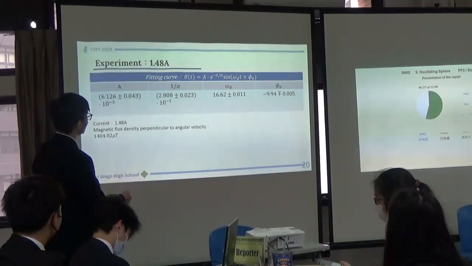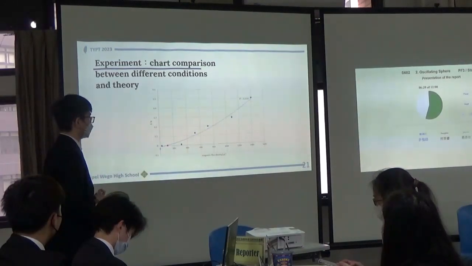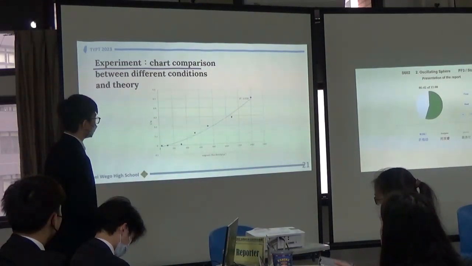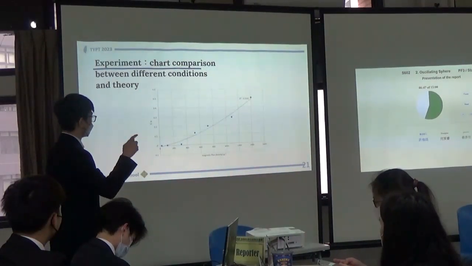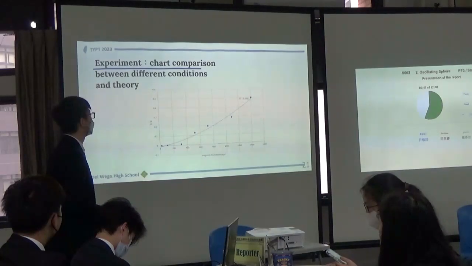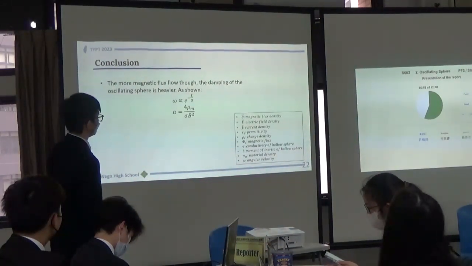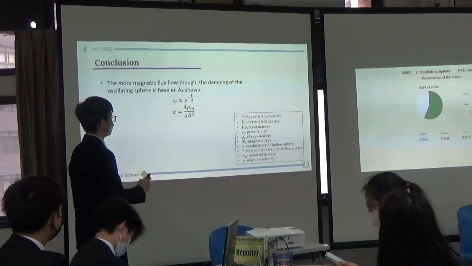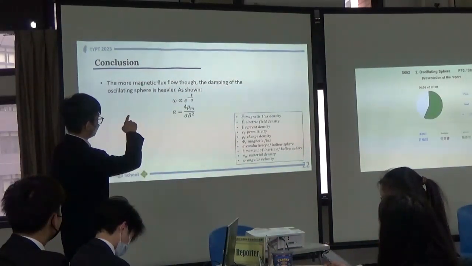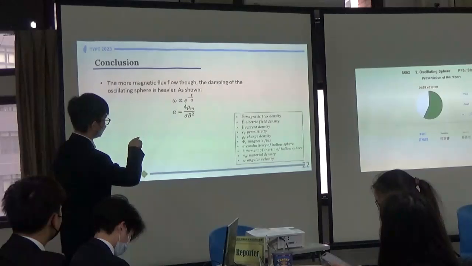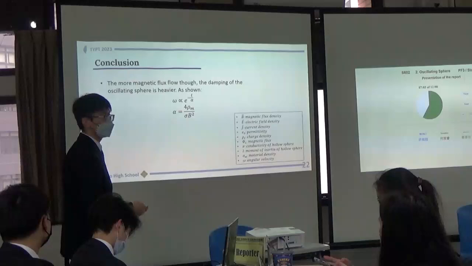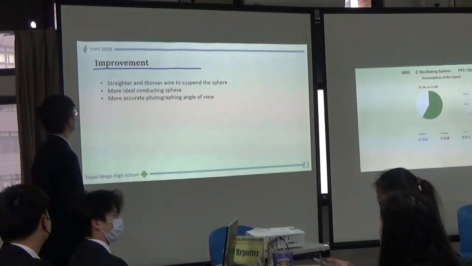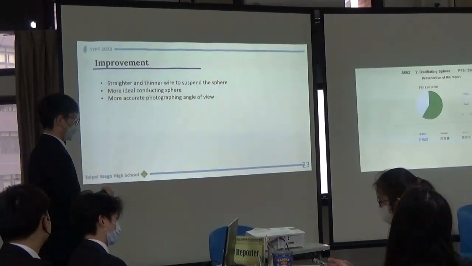The results are, just like the aforementioned, that alpha is proportional to the magnetic flux density squared, which is here. Those are all constants, so the only variable in this equation is the magnetic flux density squared. That would be our whole experiment and setup.